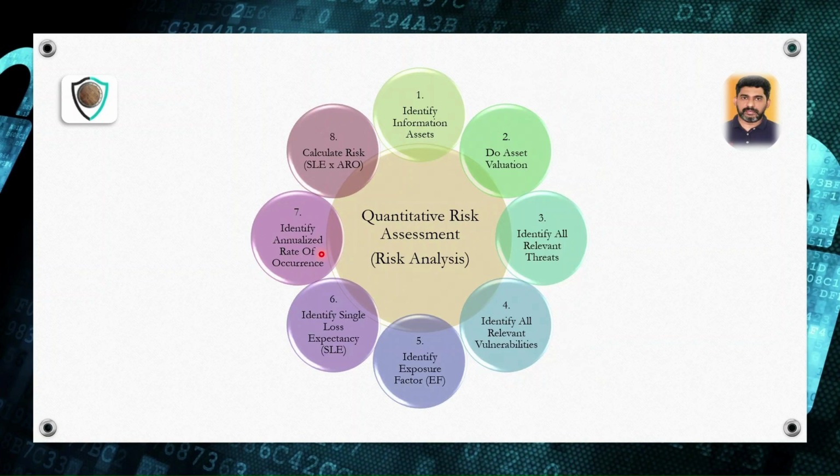So if you look at quantitative risk assessment, the different stages or the different steps involved in a quantitative risk assessment is given here. First, the relevant information assets are identified. After that, asset valuation is done. So asset valuation means identifying how valuable the asset is to the organization.